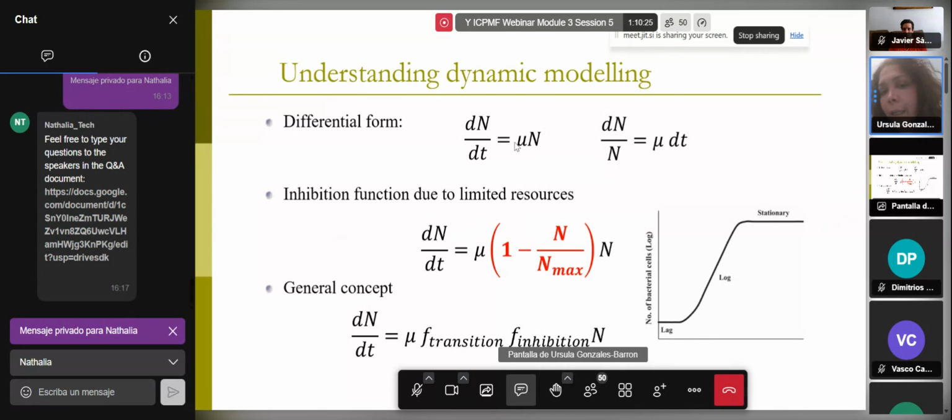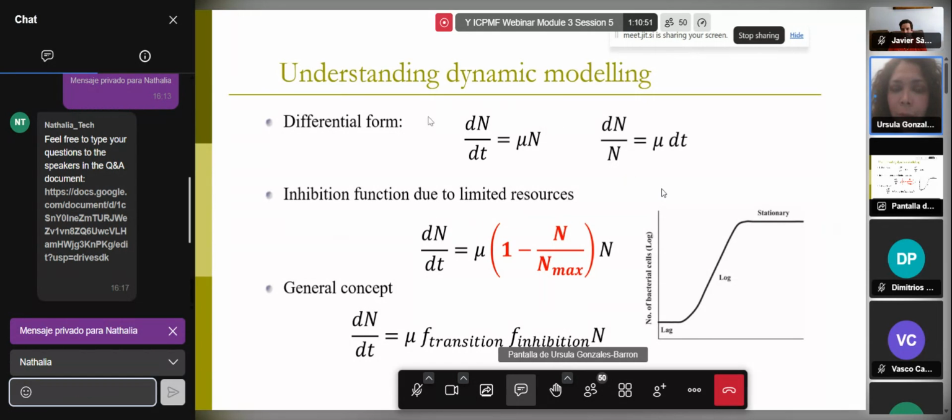If here I put a negative sign, it will be the primary model for death. N is the microbial concentration, t is the time, and mu is the growth rate. So here, this is the basic equation. I do not have lag phase. I am only representing the exponential phase. This is the growth rate.